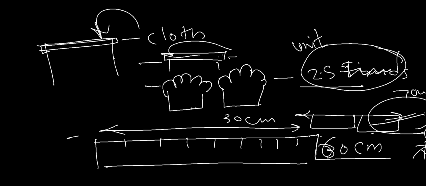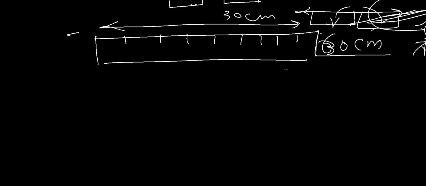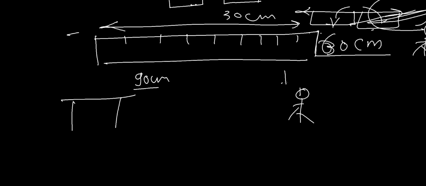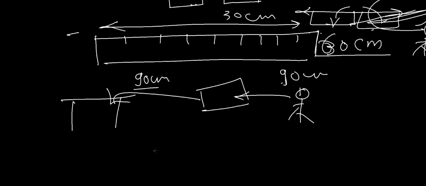He will also have a ruler at his place, and he will measure that cloth with that ruler and give you that long cloth. The table at your hand, you measured it as 90 centimeters. You go to the cloth owner, he measures the cloth 90 centimeters and gives you the cloth suitable for your table. That's the importance of units.